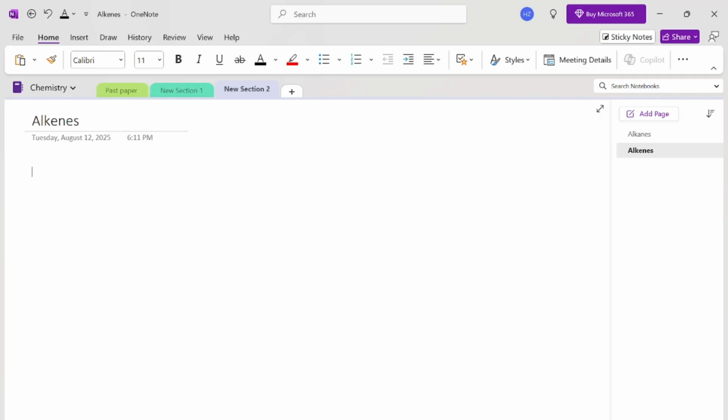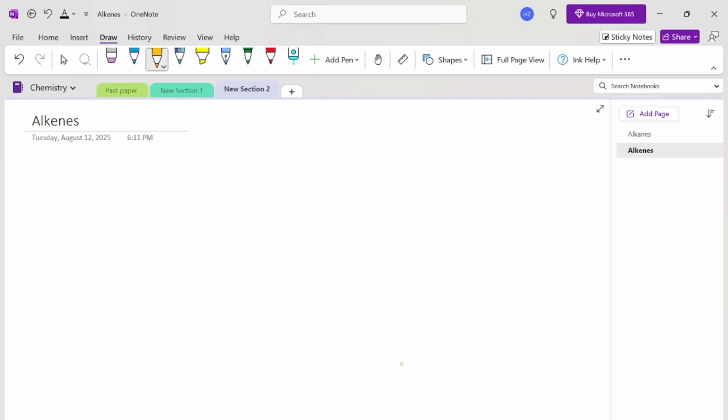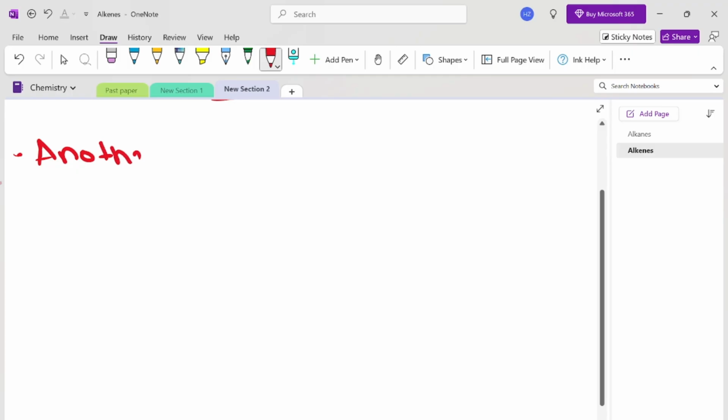Right, so today's lesson is going to be about another family in the organic branch called alkenes. Now, alkenes are just like their sibling alkanes, but there are a few differences and we'll go over them right now. First of all, let's just write down another family of the organic branch.